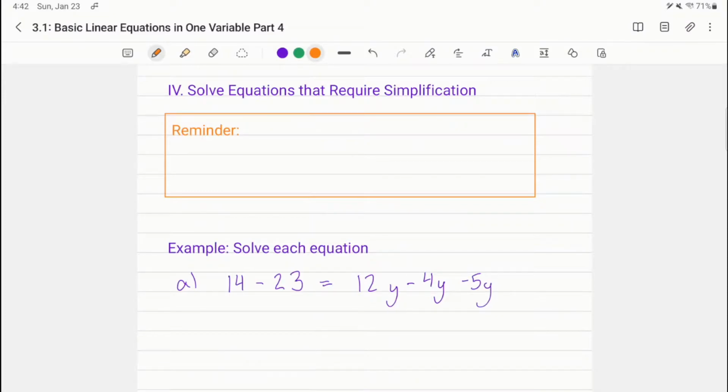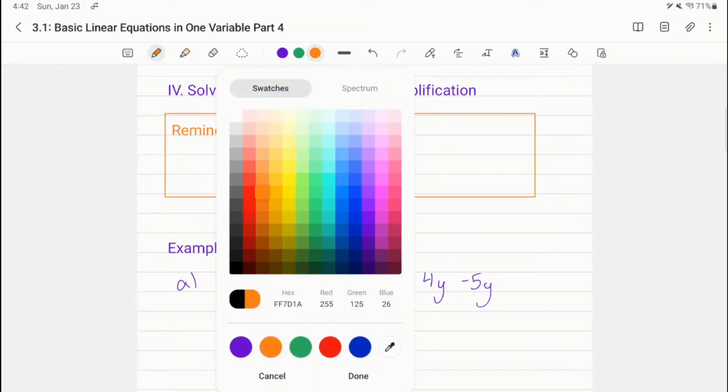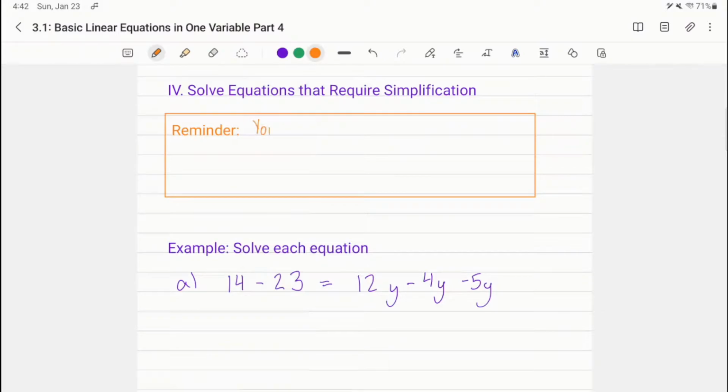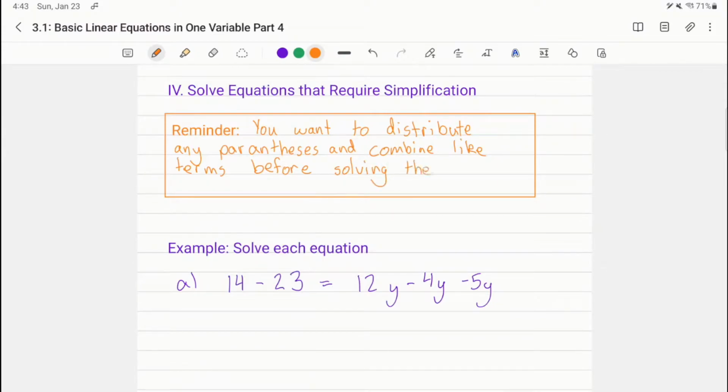So a reminder from part 2 of the notes, you want to distribute any parentheses and combine like terms before solving the equations.